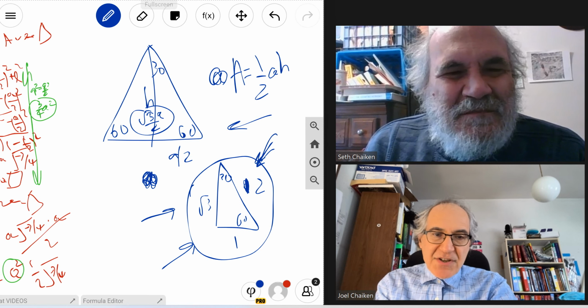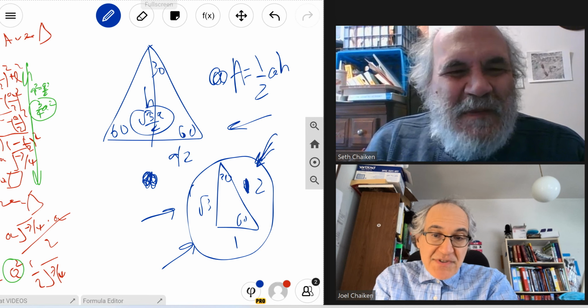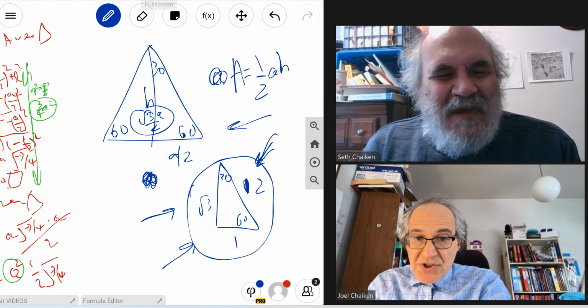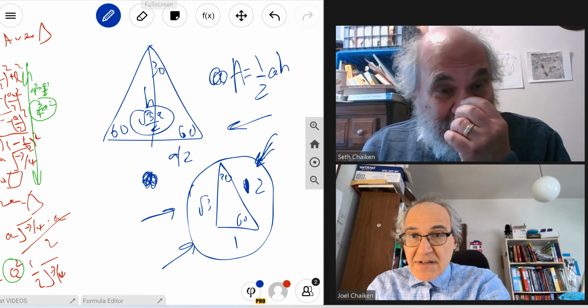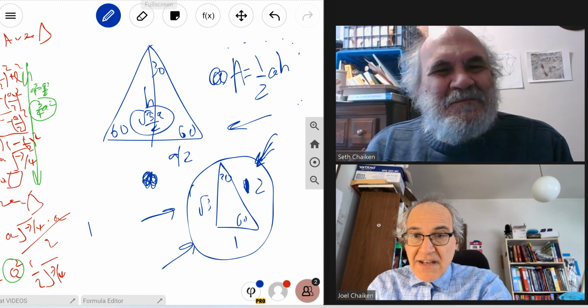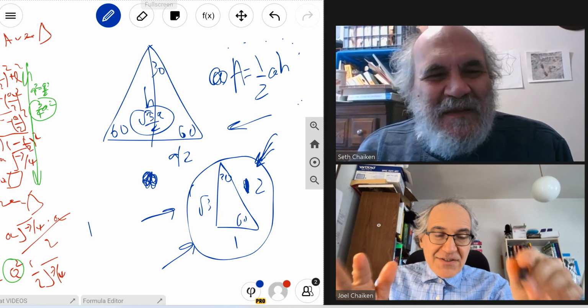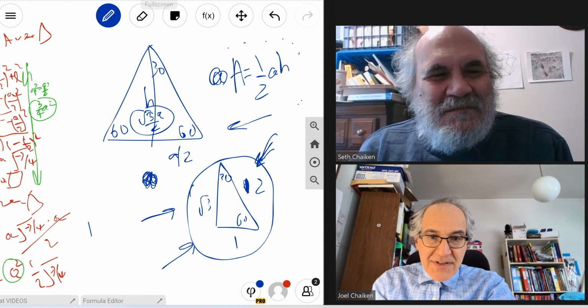Again, it's memorization. If I have something like this, very often I do similar triangles. I can't resist showing similar triangles because this is a nice way of doing it without waving your hands. Because you sort of waved your hands and said, "Oh, H is radical 3 times this side."